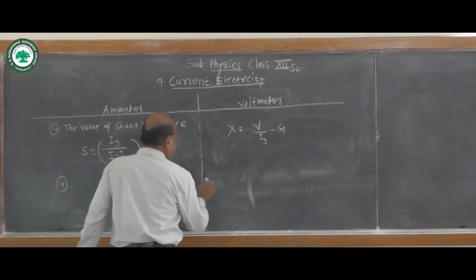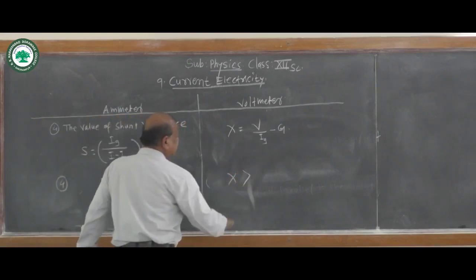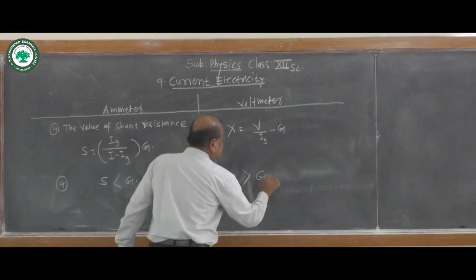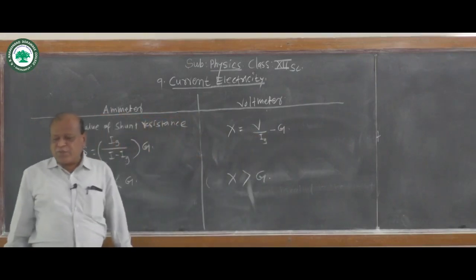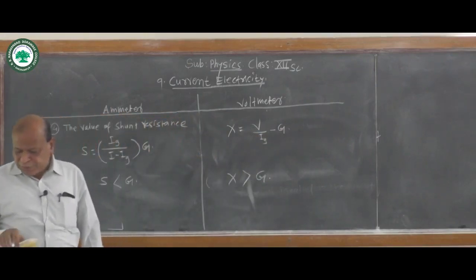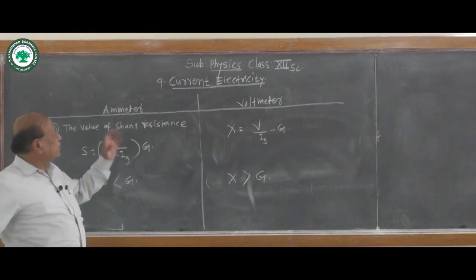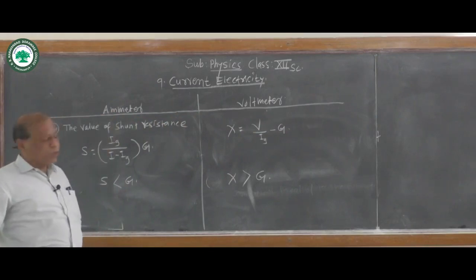Now here the value of X is greater than the resistance of the galvanometer. In this way we can distinguish this ammeter and voltmeter.